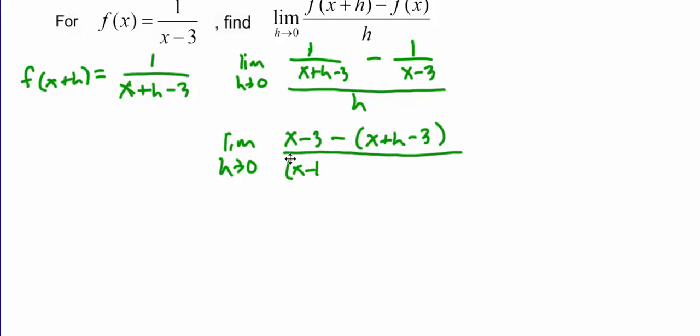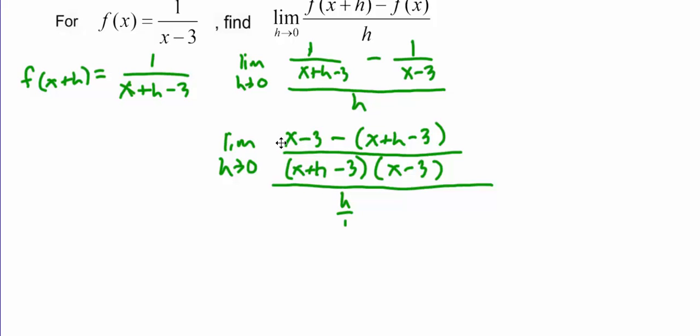And it would look something like this, x plus h minus 3 and x minus 3. So remember, that's just the numerator of this thing, and the whole thing is over h. Or maybe you'd prefer to think of that as h over 1. And I'll show you why that could be beneficial in a moment.